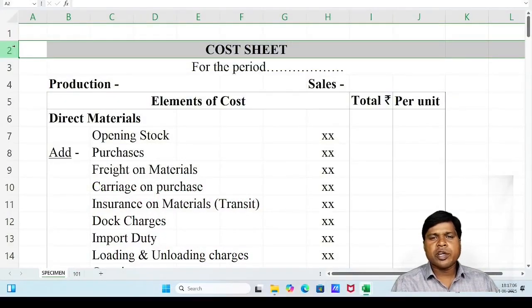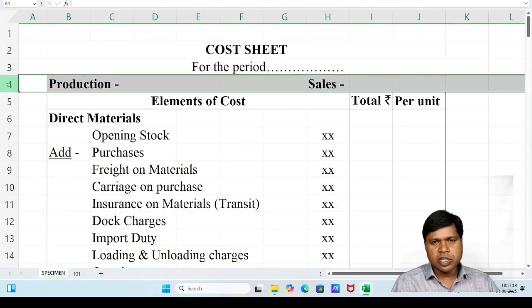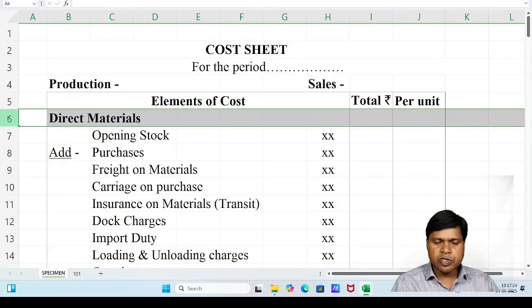Student, before starting the practical problem, we have to see the format or specimen of cost sheet. You can see on screen the format or specimen of cost sheet. For the period, production and sales, we have to show. Then elements of cost, there are various elements of cost.